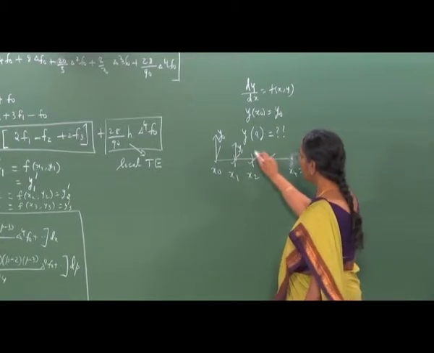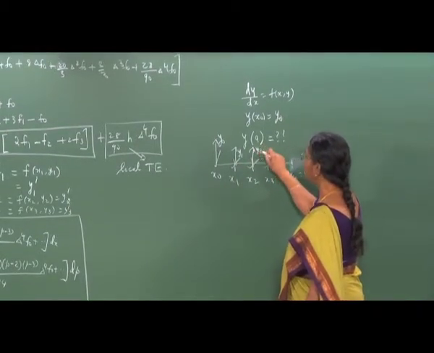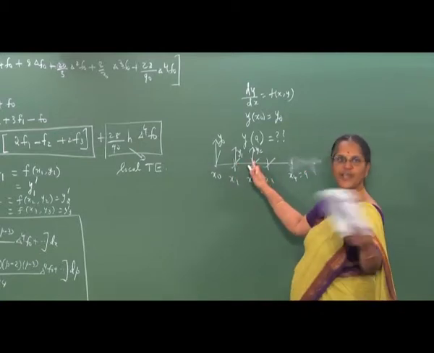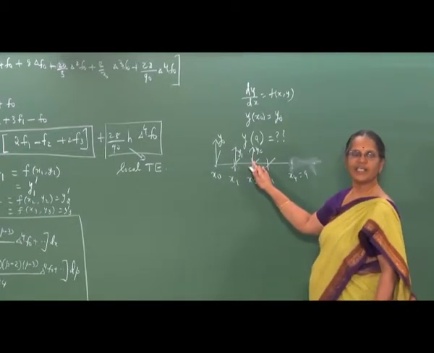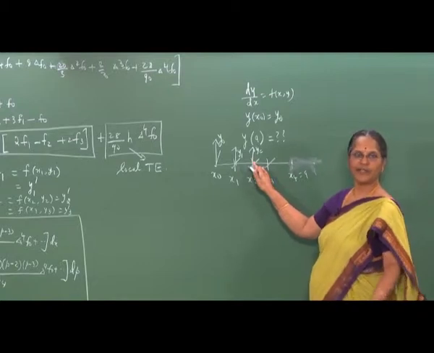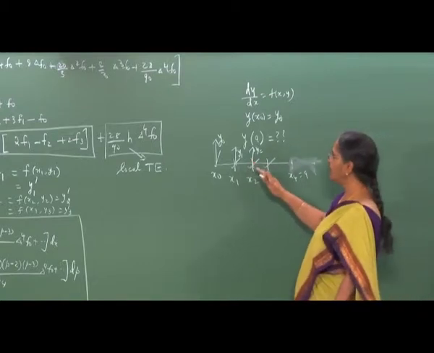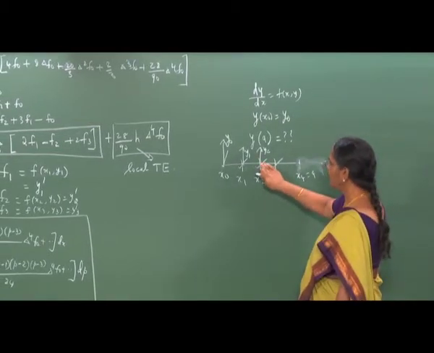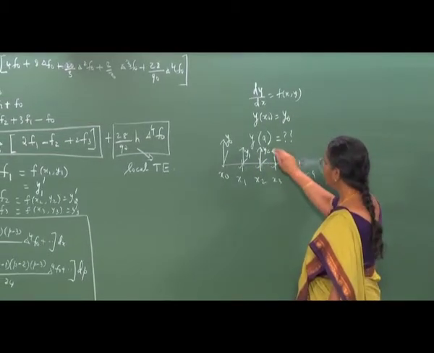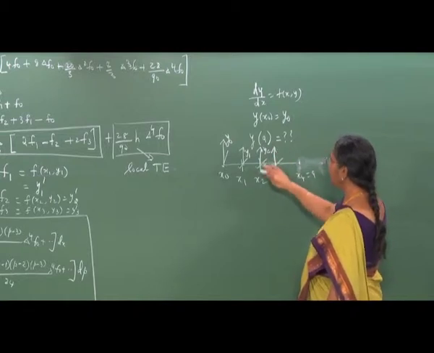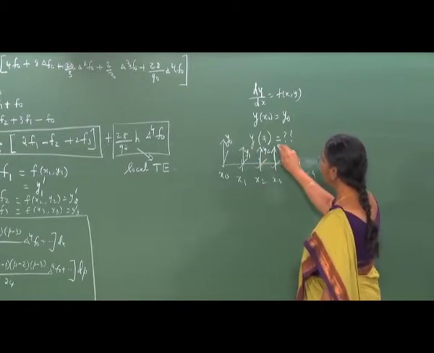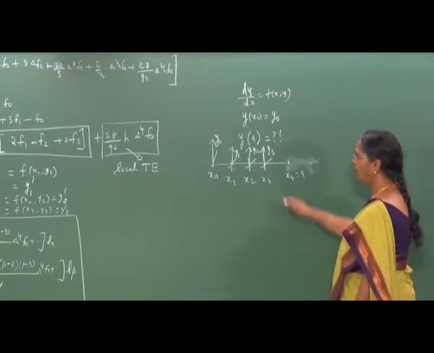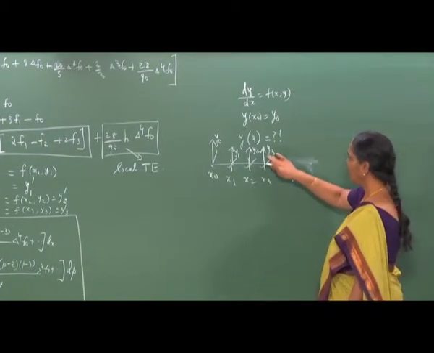And do that for each of these points, namely you march from x1 to the point x2, use any of those methods that we have discussed, and compute the solution at x2, which is y2, and by the same technique march to x3 and determine the solution at the point x3 and call it y3.